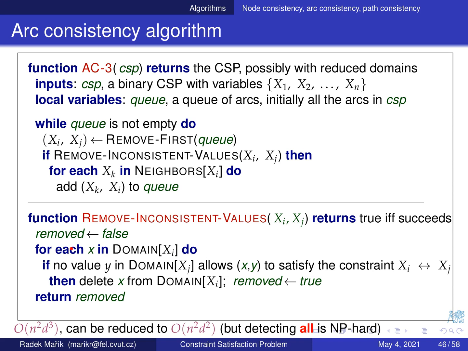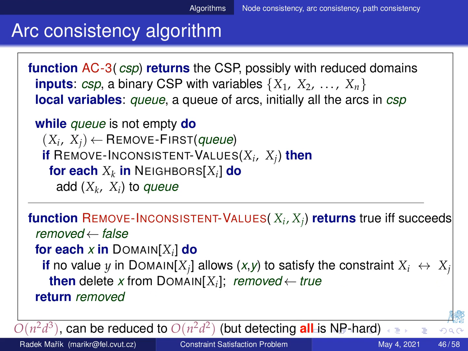Then for all values in the domain of variable xi, you check if there is no value for the other variable xj that satisfies the constraints between these two variables.